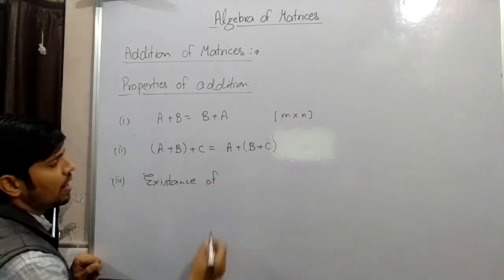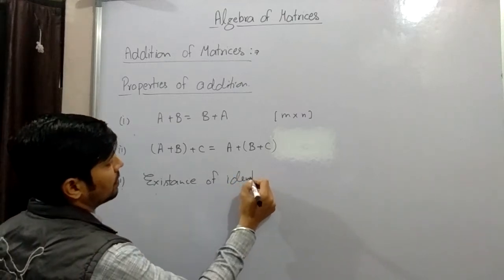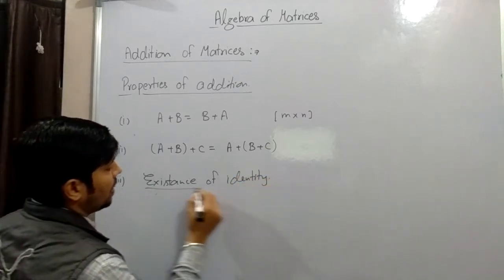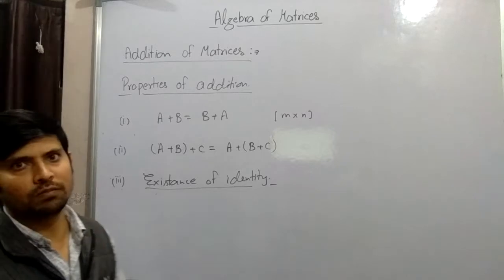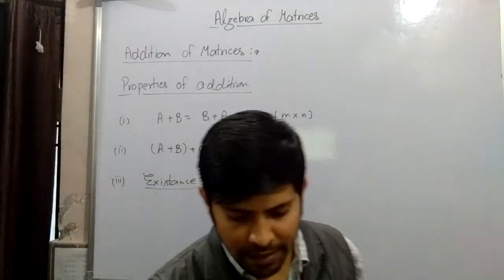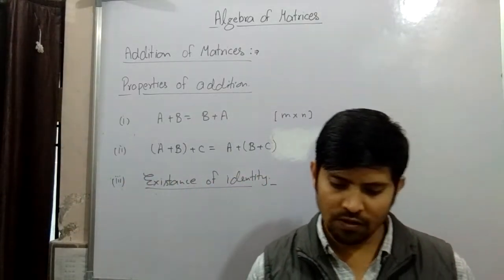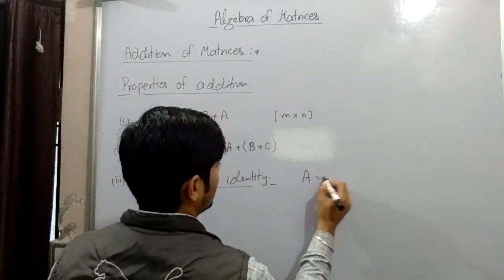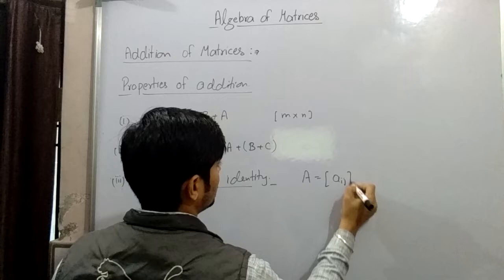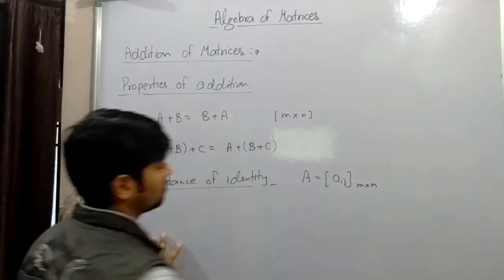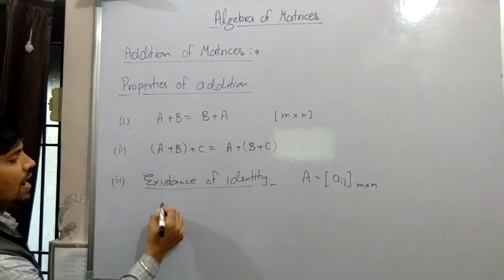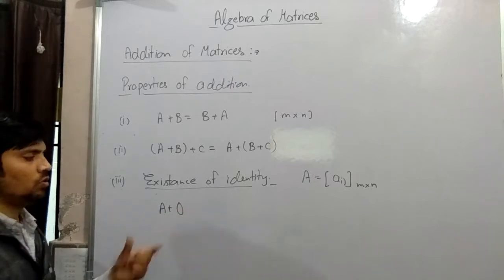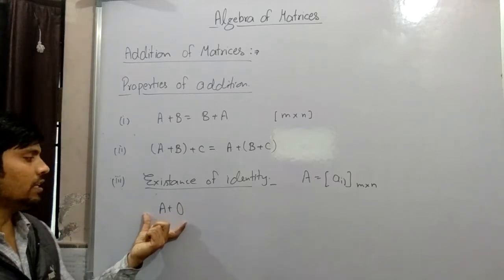Now, the next property, that is existence of identity. Existence of identity means what? Let us suppose A is a matrix of order m cross n. If we add the null matrix to this, what is null?